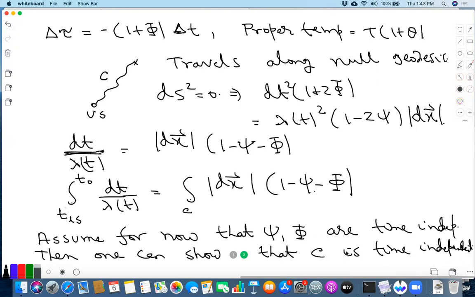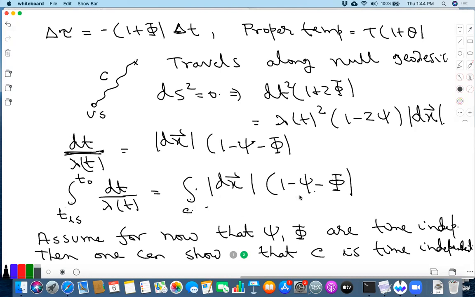Now this is not obvious from this, because the metric is still time dependent, right? The metric has a time dependence because of lambda of t. But what we'll argue later is that if psi and phi are time independent, then the actual path C that we see is time independent. And this will be important for us. Is this statement clear?